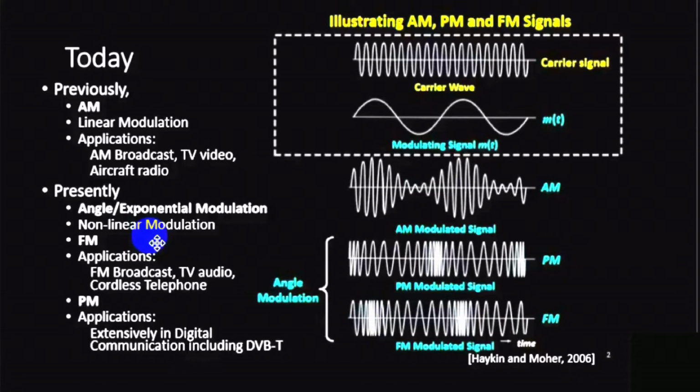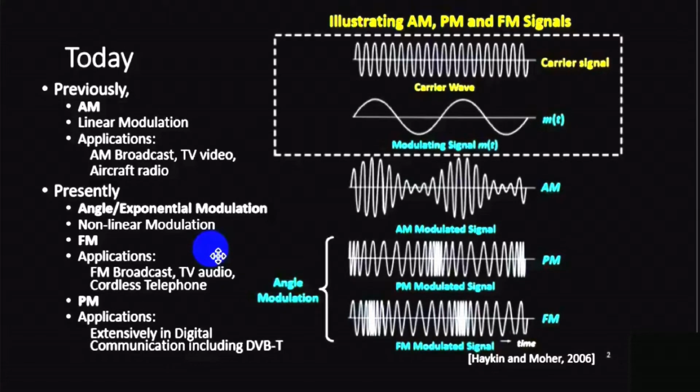Angle modulation has basically two different types. The first one is frequency modulation, FM, and the second one is phase modulation, PM. FM has a number of applications, including the one that you have with you in your vehicles or handheld radio devices, that is the FM radio, which operates at around 88 to 108 megahertz, and also we use it in TV signals.